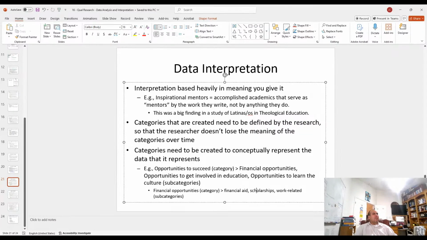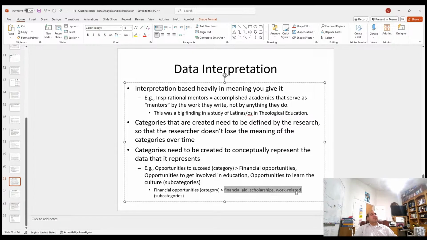Those are the subcategories, and each one of these had branches to it. If we take financial opportunities, we had financial aid, scholarships, and work-related opportunities, right? So we're just showing a slice. Ultimately, this coding structure had maybe 600 codes. I'm just showing you 5 or 6 codes to give you an idea of how the trunk is connected to large branches that are connected to smaller branches that are connected to leaves.